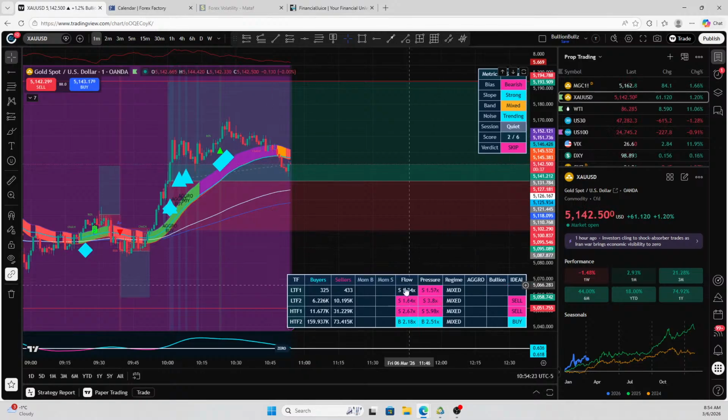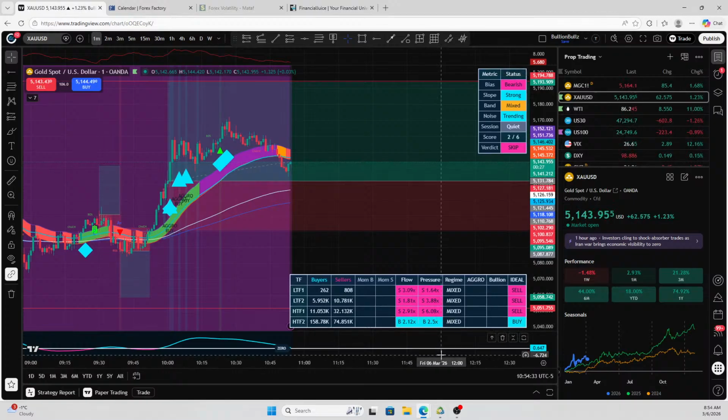Yeah, sellers are extremely strong, but overall buyers are still stronger than the sellers. Pressure is still above 2.